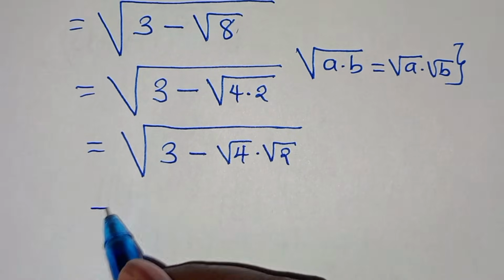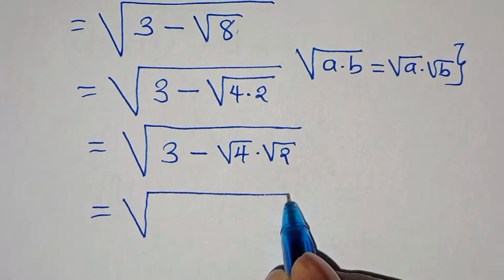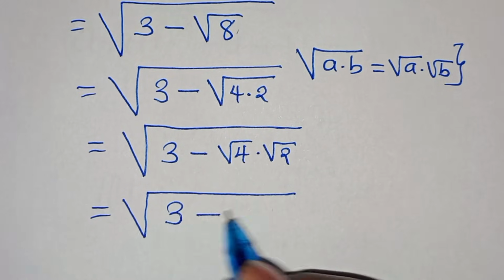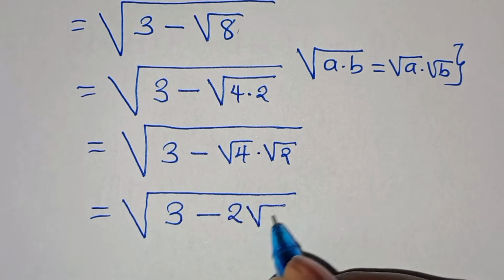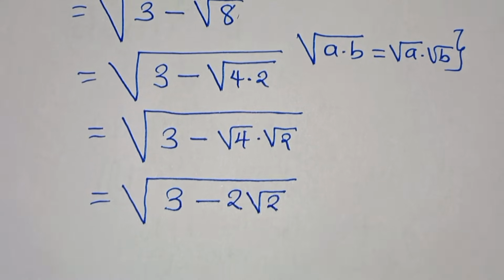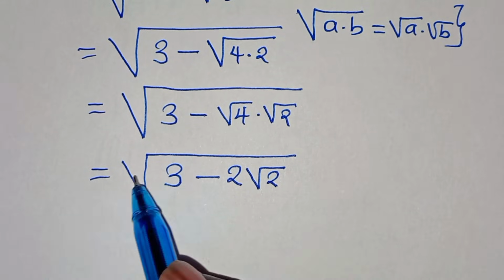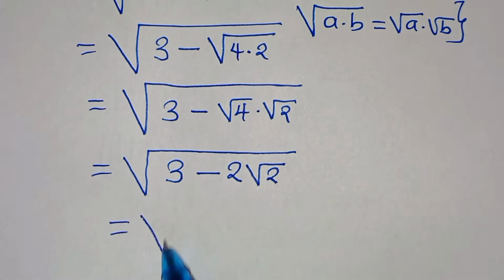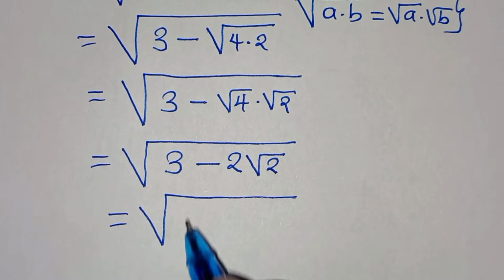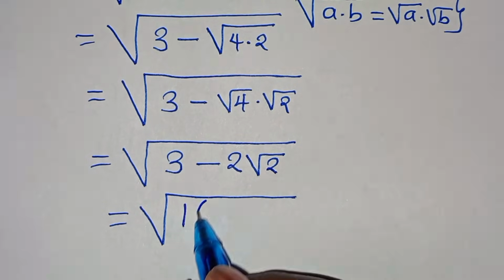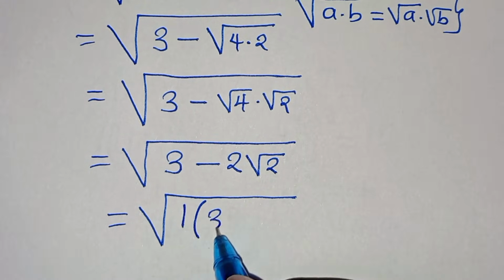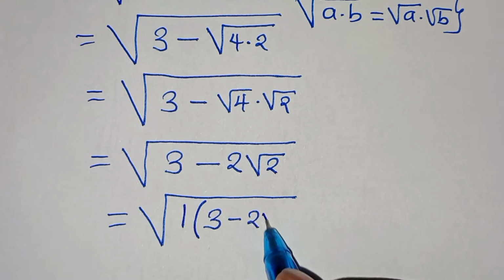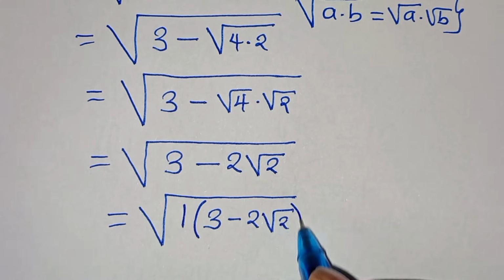Now the next step is we have the square root of 3 subtract the square root of 4, which is 2, then multiplied by the square root of 2. Now in this problem, we have that 1 is common here, so we can factor out 1 so that we have 1 into the parenthesis. This is 3 subtract 2 square root of 2.